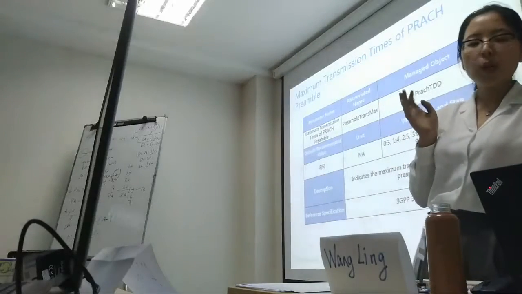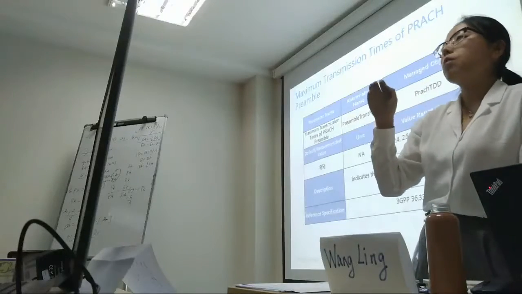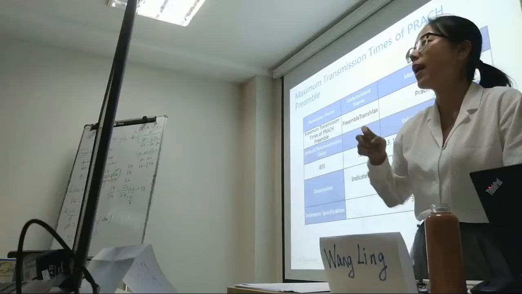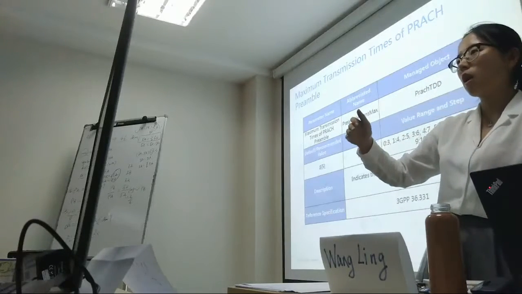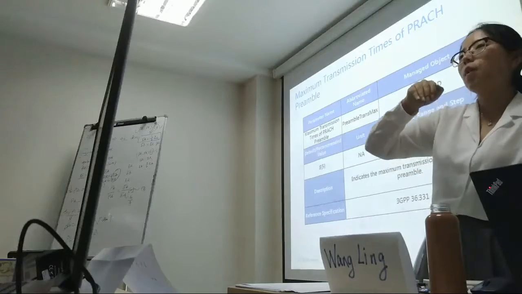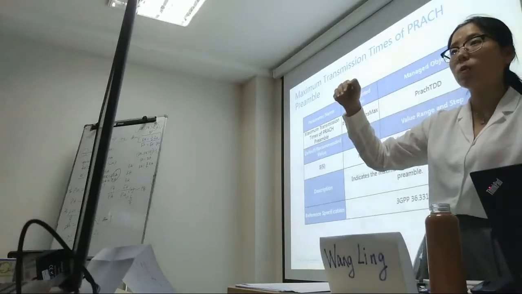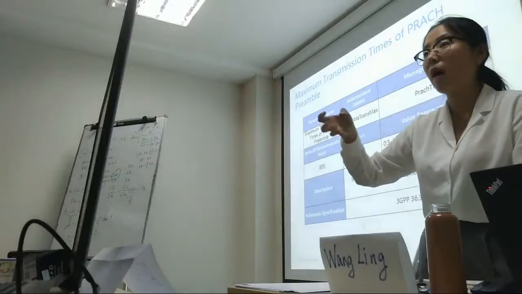For the preamble, when we transmit, there are contention and non-contention cases. For contention, it also has the contention resolution procedure. In the first step, I transmit the preamble to the node B side. Actually, the node B should give me a random access response.